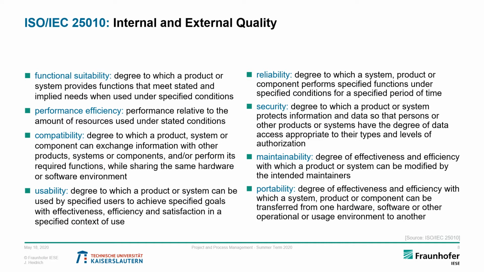So here we have the quality aspects regarding internal and external quality. As I said on the last slide, functional suitability is defined as the degree to which a product or system provides functions that meet stated and implied needs when used under specified conditions. So it's suited according to the functional specification of the software.